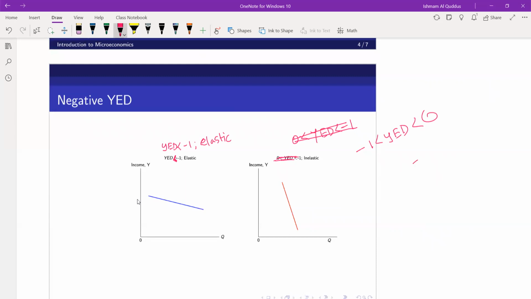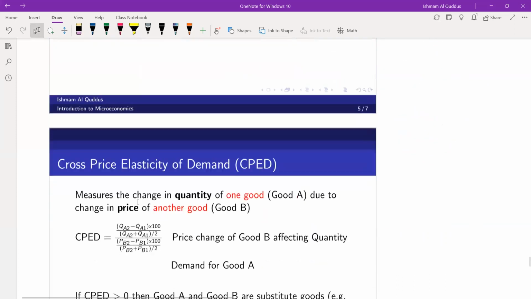So for example, the value of -0.5. This means that it is inelastic. However, this is a negative YED, right? So you see the straight line here is inverse. And for negative YED, the straight line here is inverse.